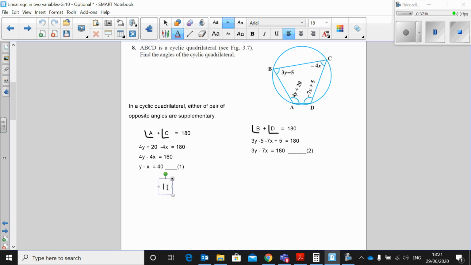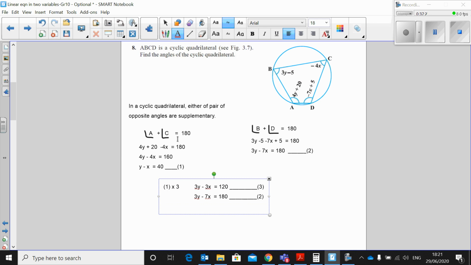So I am multiplying equation 1 by 3, which gives us 3y minus 3x, which is equal to 120. Can we take it as equation number 3? Then equation number 2, which is nothing but 3y minus 7x, which is equal to 180.